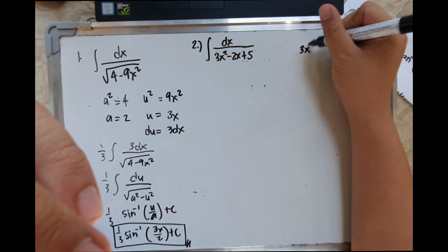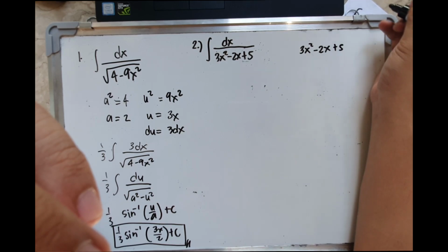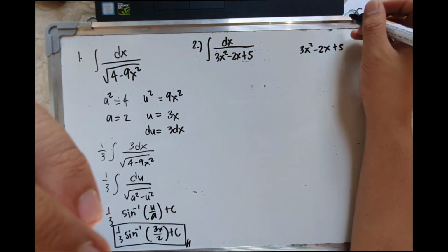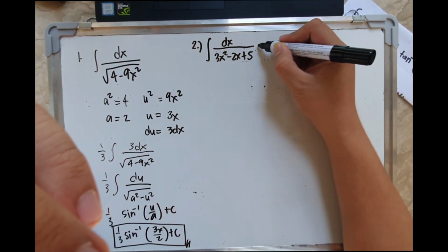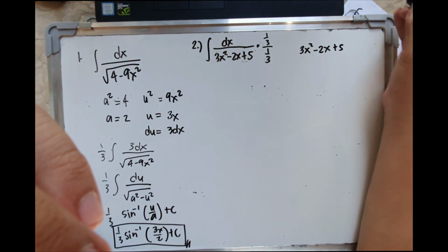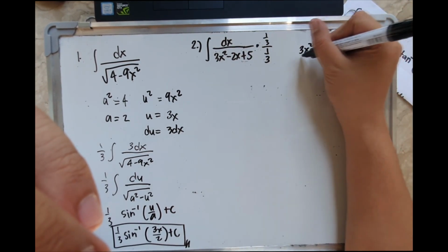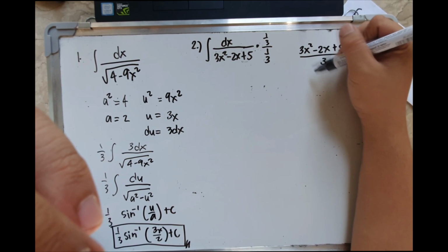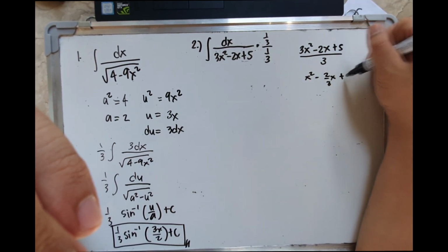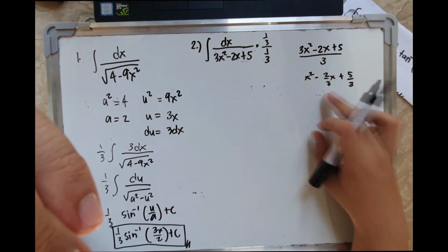So if we have 3x squared minus 2x plus 5, if we factor out, if we divide everything by 3, times 1/3, just like with this one, this will now become x squared minus 2 over 3 x plus 5 over 3. Now we can complete this one.